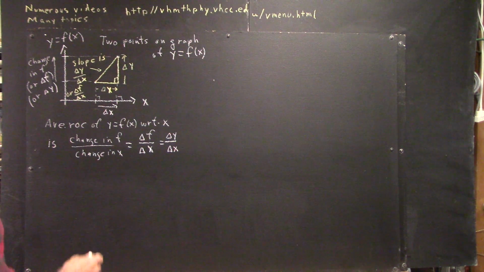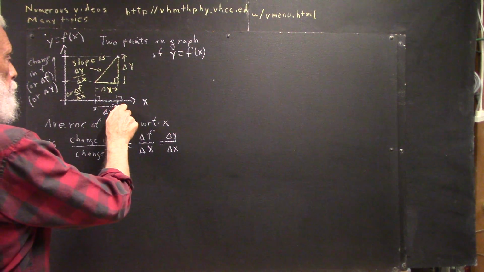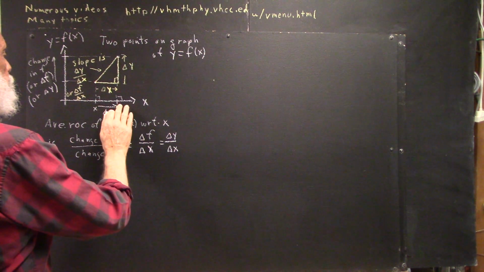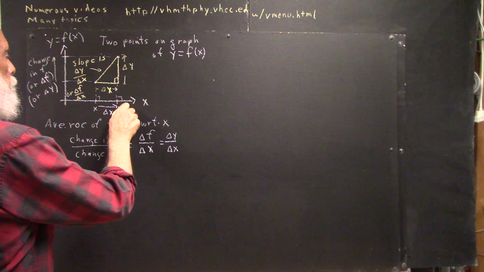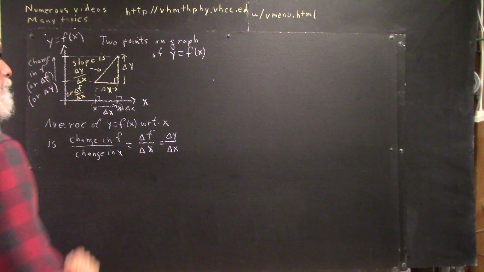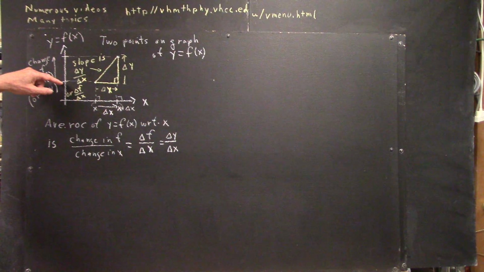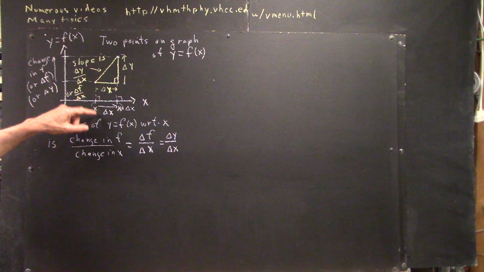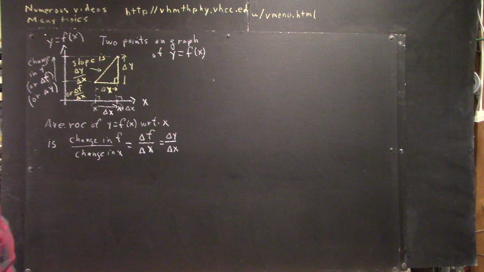Furthermore, if this point has coordinate x, this point has coordinate x plus delta x. And, well, the coordinate here would be f of x. The coordinate here would be f of x plus delta x.